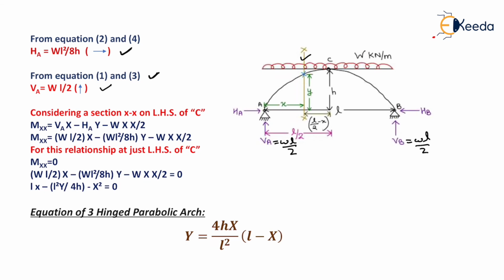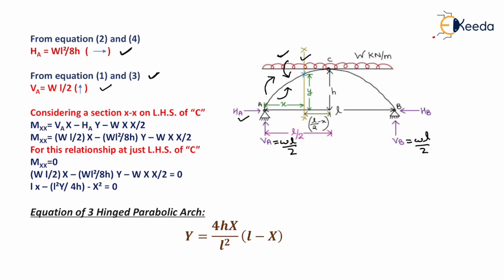We need to take the moment about XX from support A. We can also take the moment about section XX from B, but due to less force from A, we go for the calculation of moment about XX from support A. The equation will be VA into X, because due to VA the moment acts in the clockwise direction, minus HA into Y, because of this horizontal force there is an anti-clockwise moment of magnitude HA into Y, minus W into X by 2, because of this UDL there is an anti-clockwise moment.